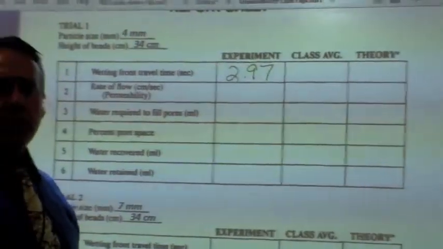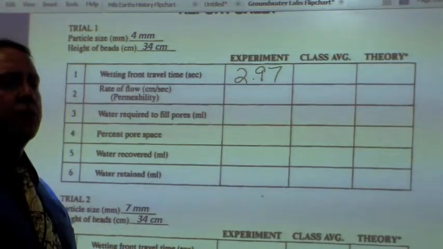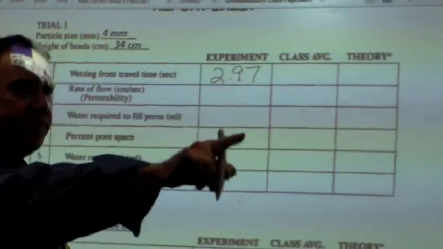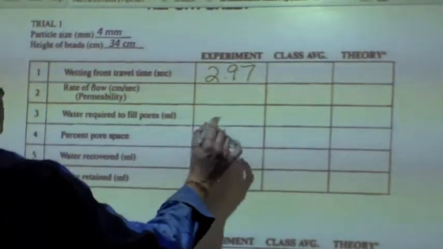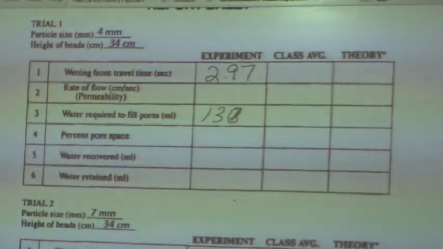So 300 minus 164 is 136. So it took 136 milliliters of water to fill those pores. So 136 milliliters were required to fill those pores.